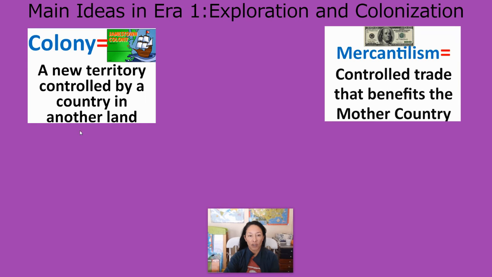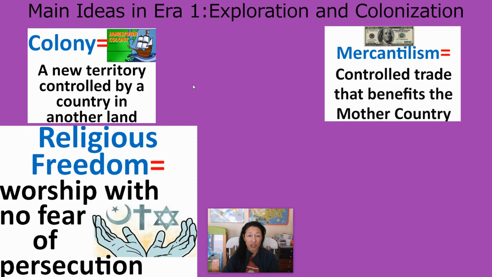Remember, all of the raw materials found in the New World were sent back to Europe to enrich the mother countries. We also talked a lot about religious freedom and how this is one of the reasons why people came to the New World. We had pilgrims who were persecuted and different groups like the Catholics that came to Maryland. And so religious freedom was a big idea.